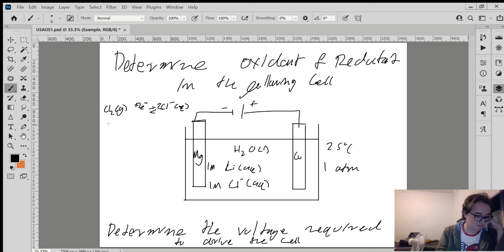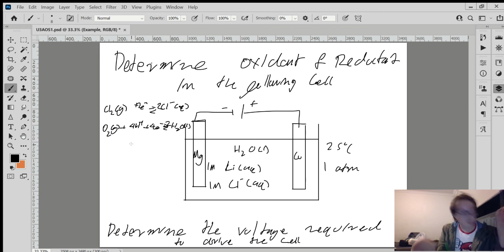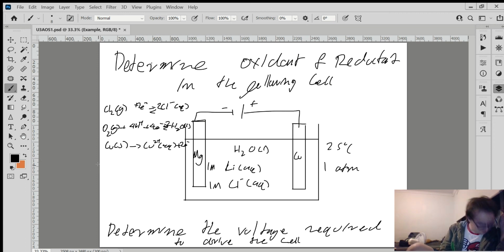We have water, we have copper, we have water again, sorry for the bad handwriting, and finally we have lithium.